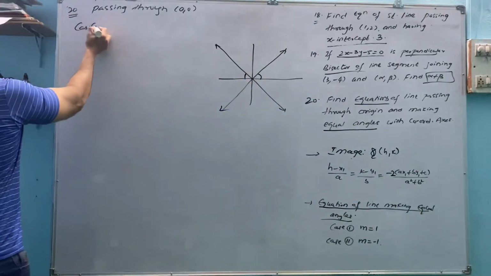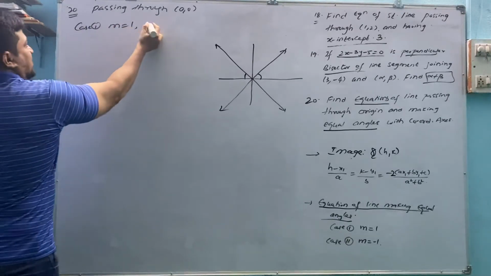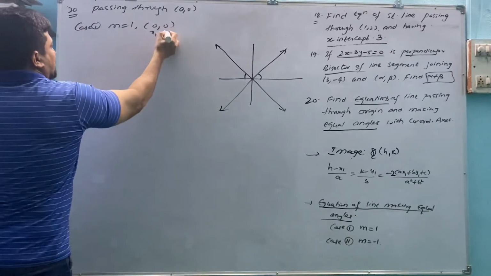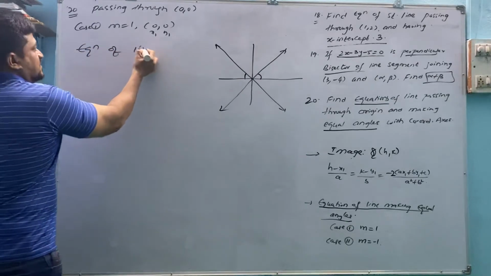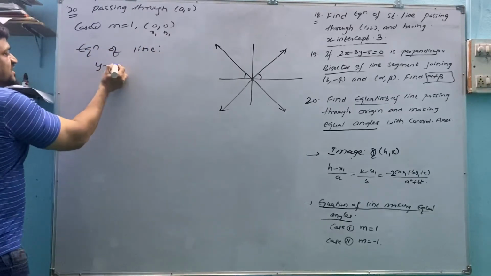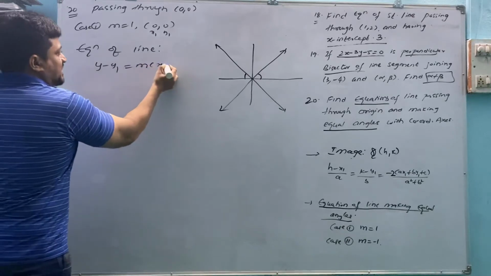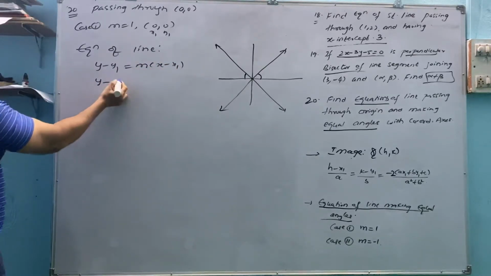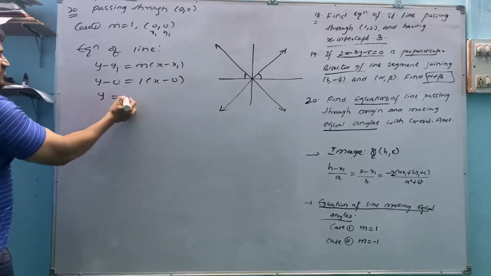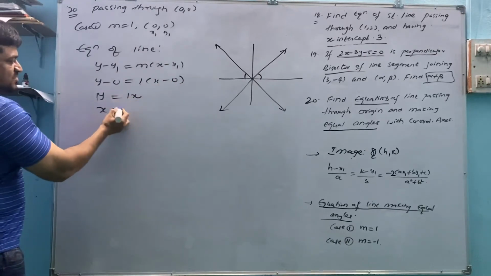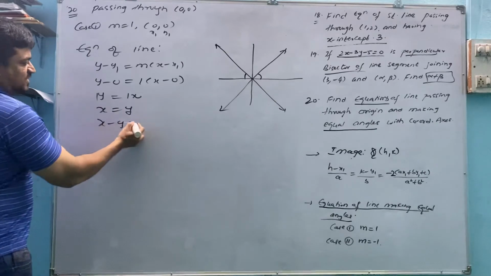Case 1, m value is 1 and 0 comma 0 point x1 y1. Slope and point form equation of line. Equation of line means y minus y1 equals to m into x minus x1. So y minus y1 value is 0, m into x minus x1 value is 0. Y is equals to x or x is equals to y, x minus y equal to 0.